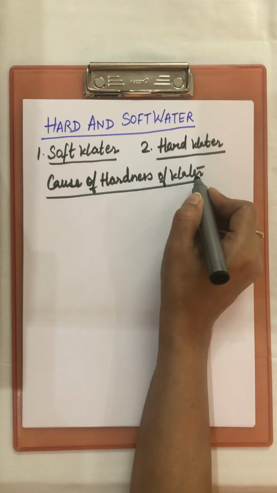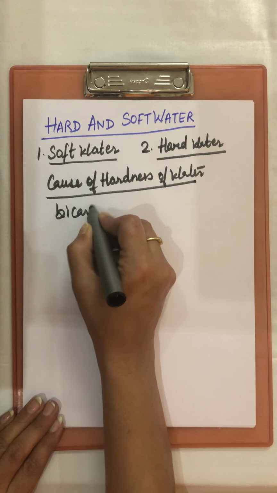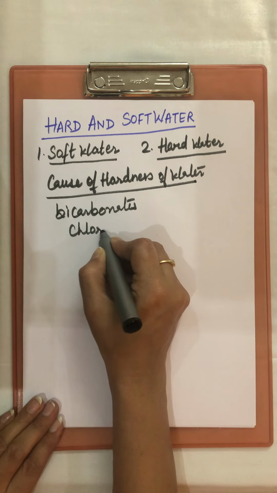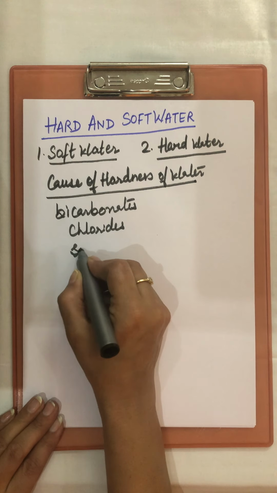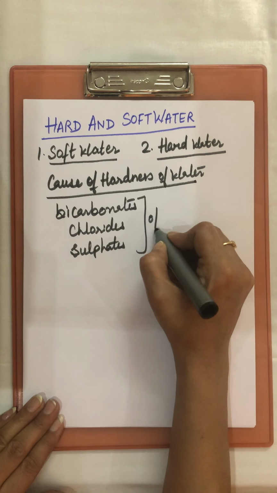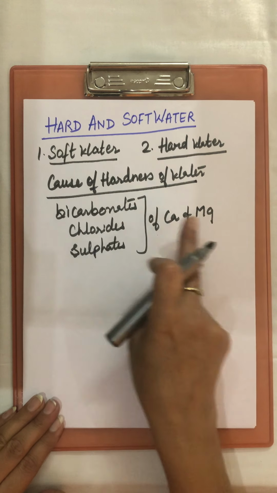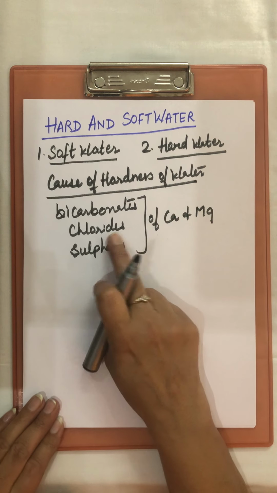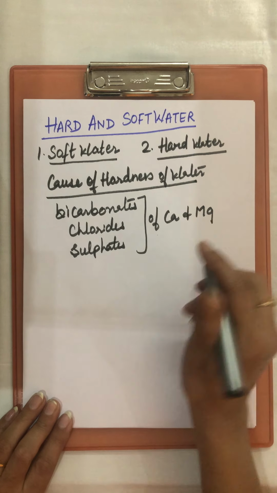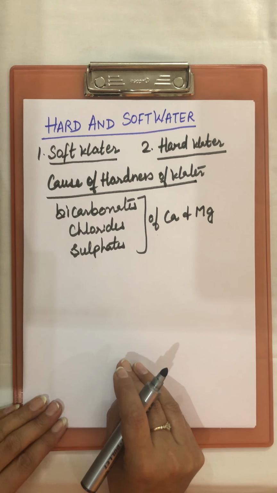Water is hard because of the presence of bicarbonates, chlorides and sulfates of calcium and magnesium, like calcium bicarbonate, magnesium bicarbonate, calcium chloride, magnesium chloride, calcium sulfate, magnesium sulfate. If these salts are there in water, that water becomes hard water.